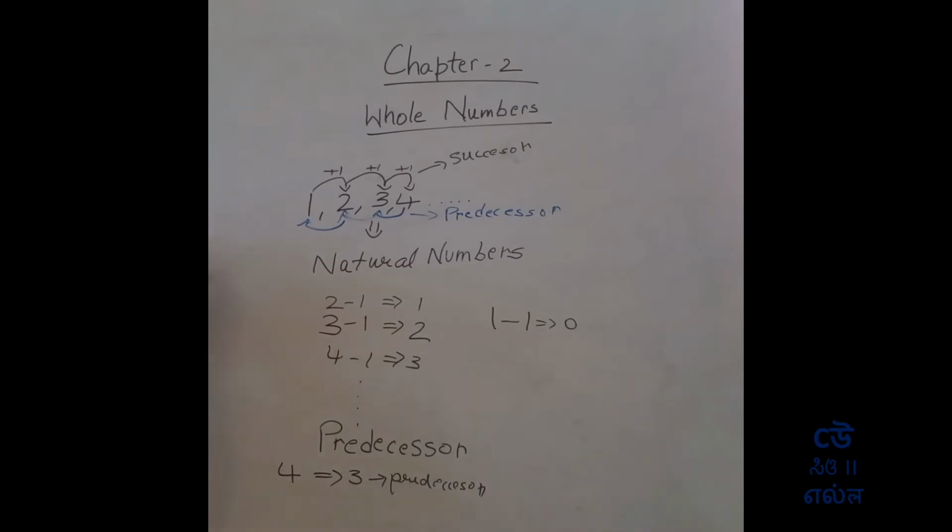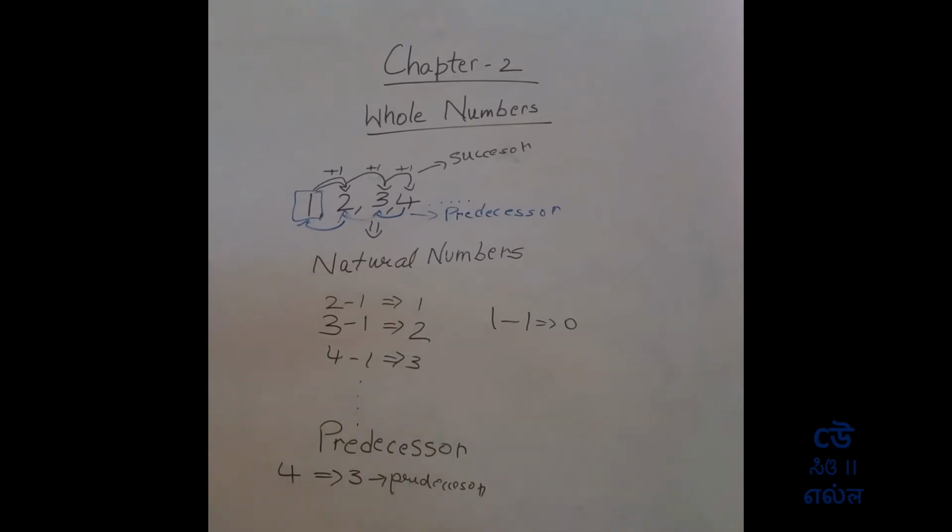Okay children, so for 1, we have a successor number, right? But do we have a predecessor number for 1? No, because 2's predecessor is 1. 1's predecessor we don't have.